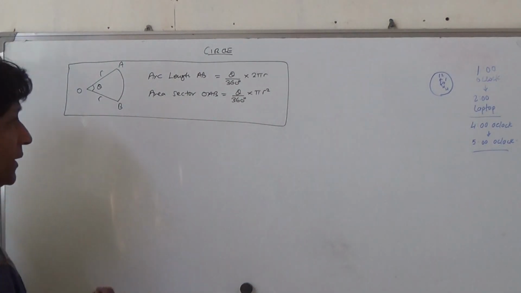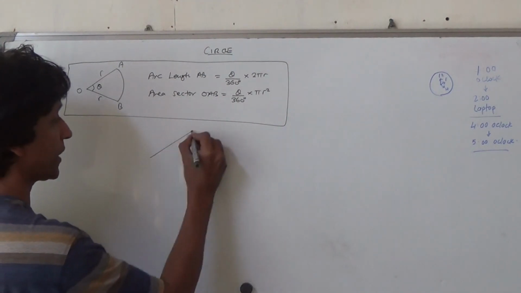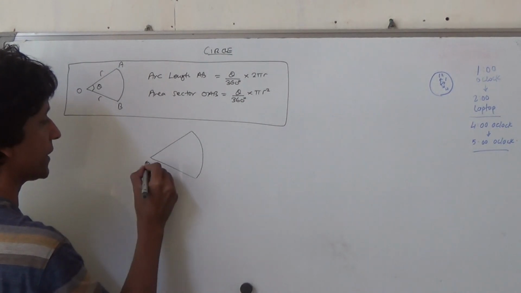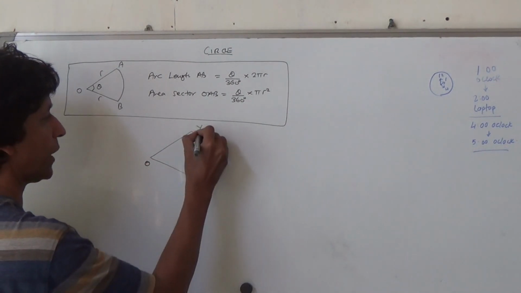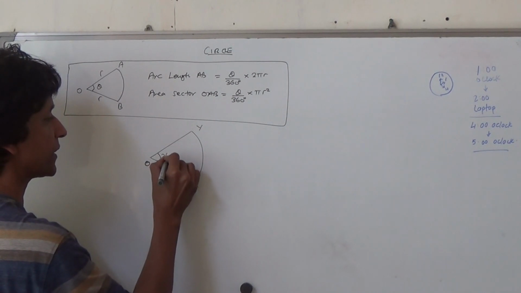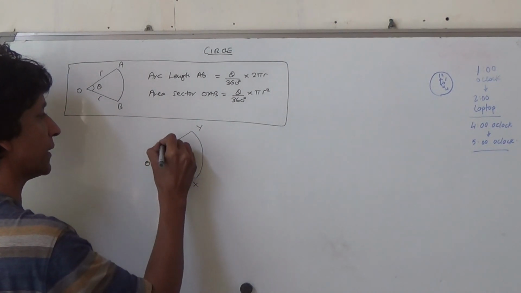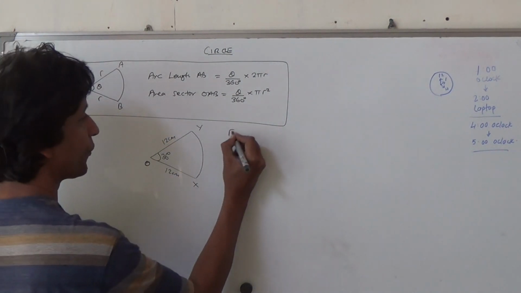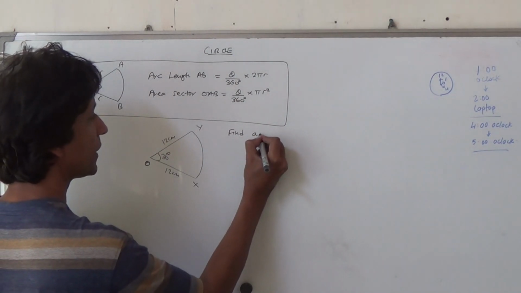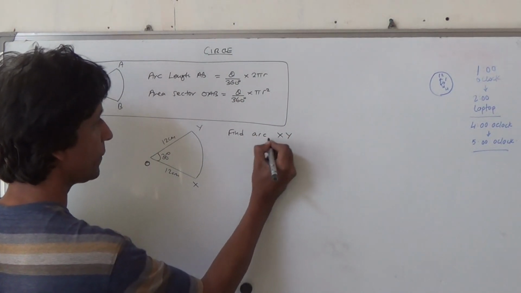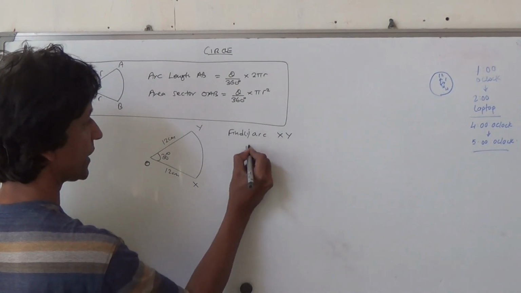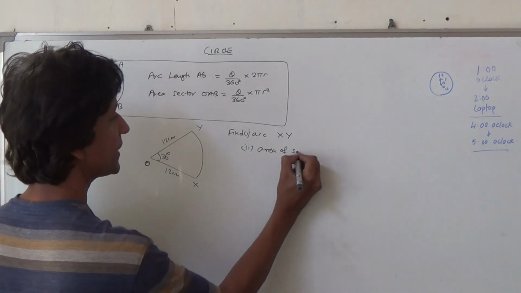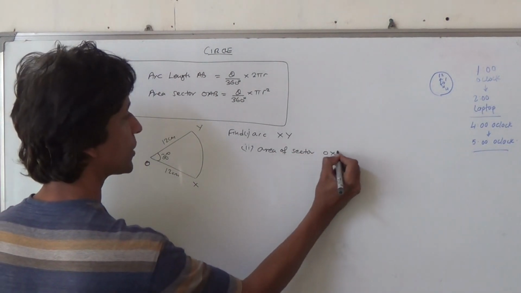Now, let's take an example. If I give you a sector like this, let's say this is O, X, Y, and I give you this as 36 degrees, and say that this is 12 centimeters, and I want you to find arc XY. That's the first part, and for the second part I want you to find the area of sector OXY.